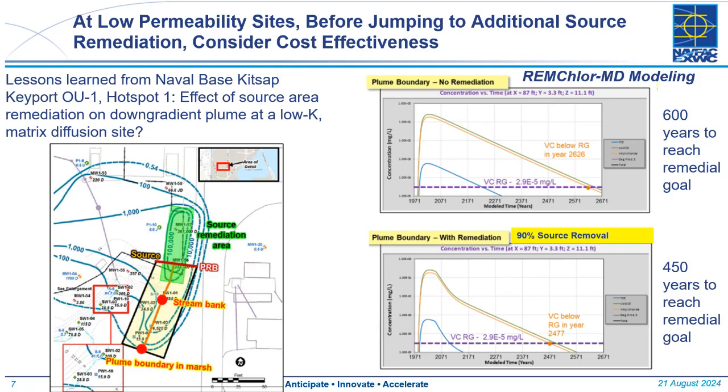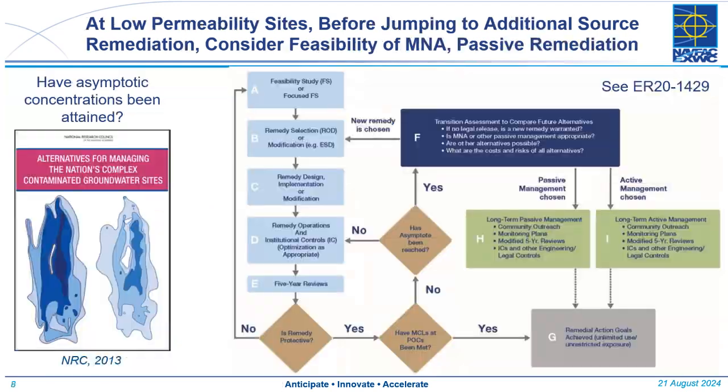So this illustrates that even when we're remediating the majority of a source area in some of these low permeability deposits, we can still have a long-term source, and it's very difficult to get all the way to the end. So I mention this because we don't want to advocate cleanup of these low permeability sites all the way to the end with engineered methods. Often we want to incorporate monitored natural attenuation or a PRB.